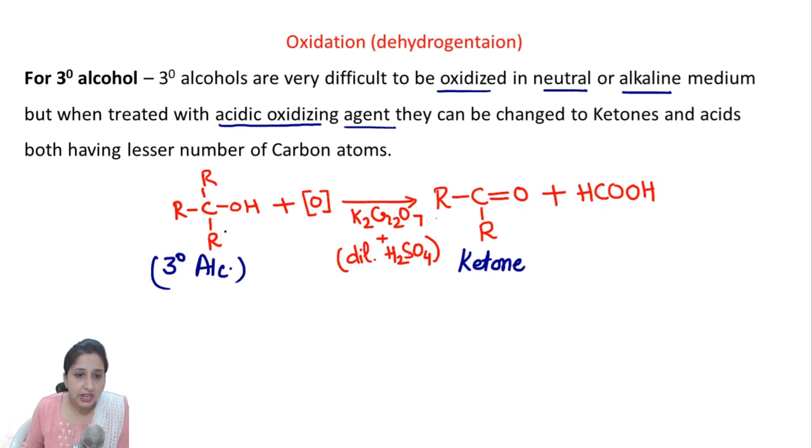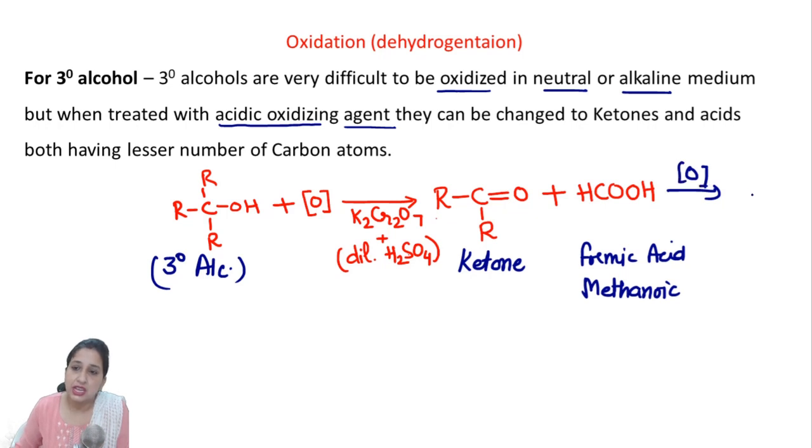Okay, so the one carbon that decreases in case of ketones, what will the corresponding carbon become, beta? Acid. So this is your formic acid, or you can say methanoic acid. This methanoic acid on further oxidation can release carbon dioxide plus water. So this is the oxidation of 3 degree alcohols.